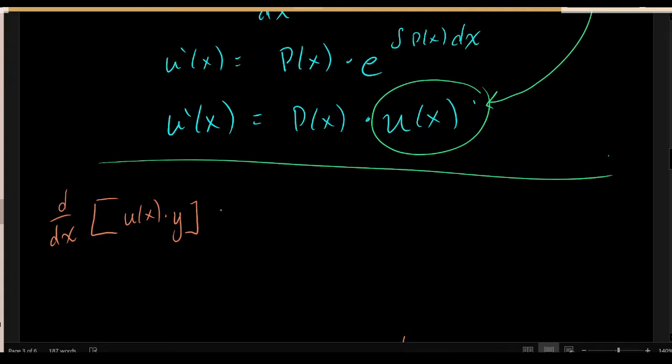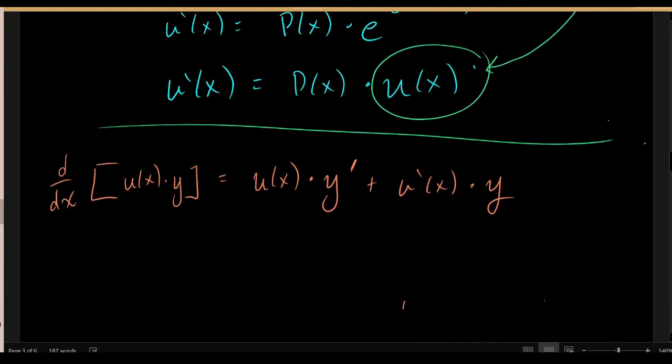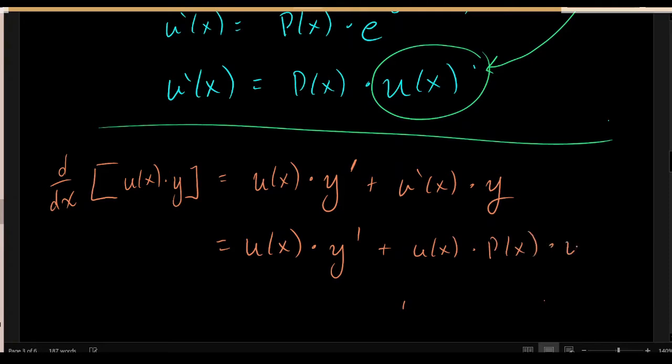Well, then the product rule says that this is going to be equal to u of x times y prime plus u prime times y. And we also know that u prime of x from the above line is equal to u of x times p of x times y.